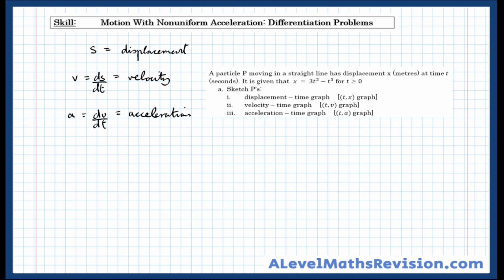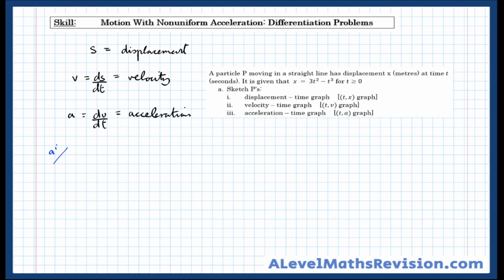So let's have a go at that. The function we're trying to sketch, the displacement-time graph, is displacement against time. I can see it's a cubic graph, and it's a negative cubic at that, so it's going to have a shape potentially like that.